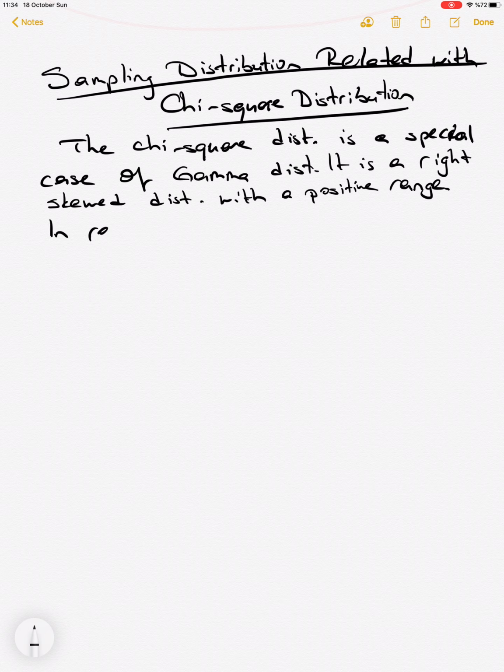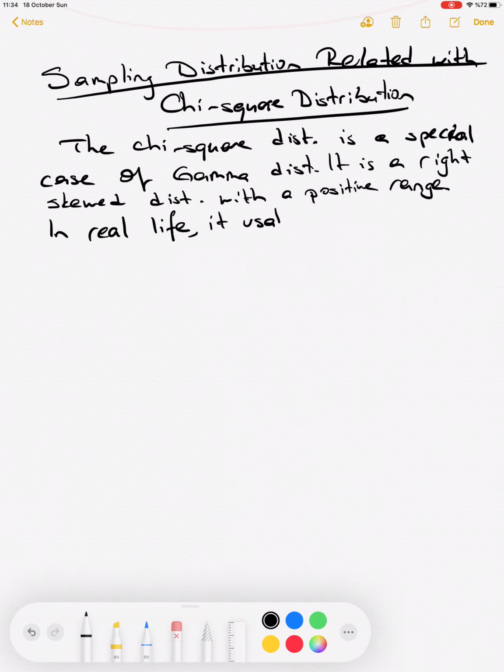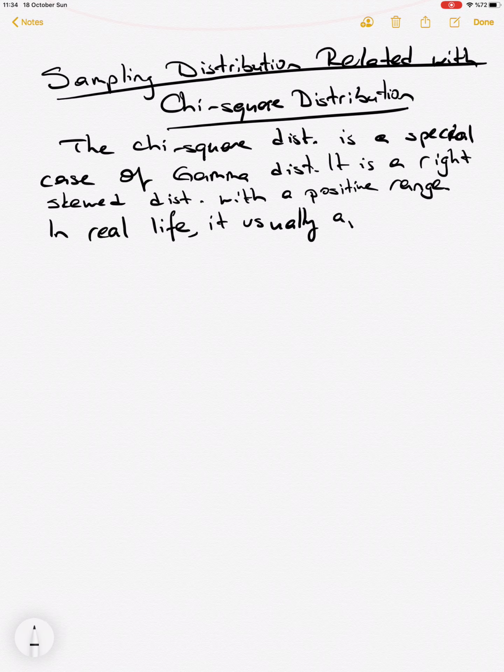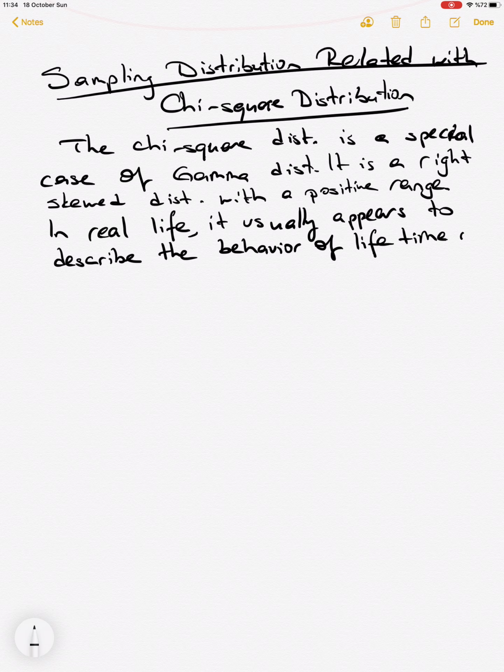So you already know, I believe from your probability course, where you can see chi-square distribution in real life. It usually appears to describe the behavior of lifetime, or waiting time, or time until a certain event.